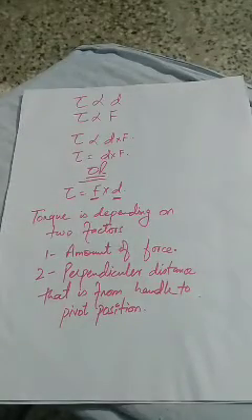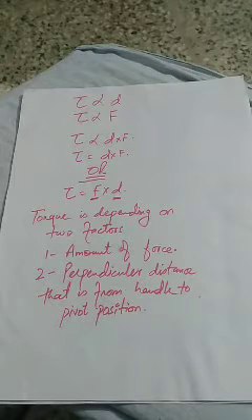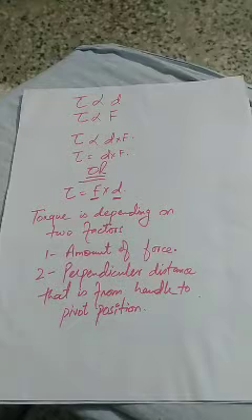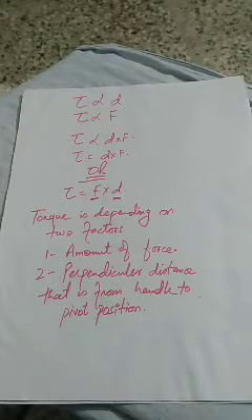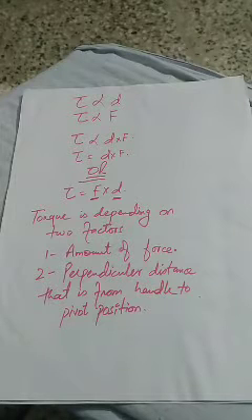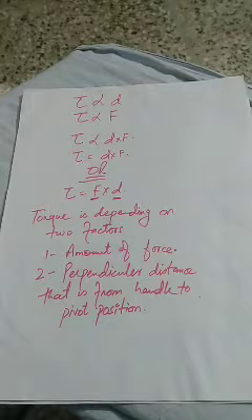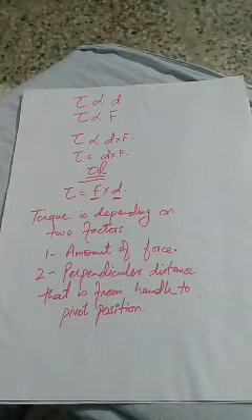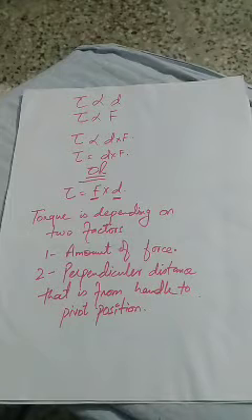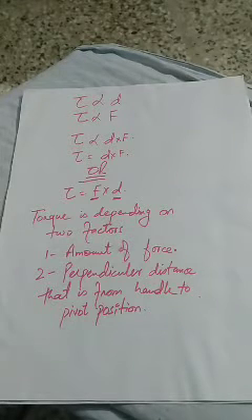Now further on we will derive the relation for the torque. Tau: distance is directly proportional to the turning effect, and force is also directly proportional to the turning effect, which is also known as the torque. So by combining both the relations, tau is directly proportional to d cross f, so tau will be equal to d cross f.